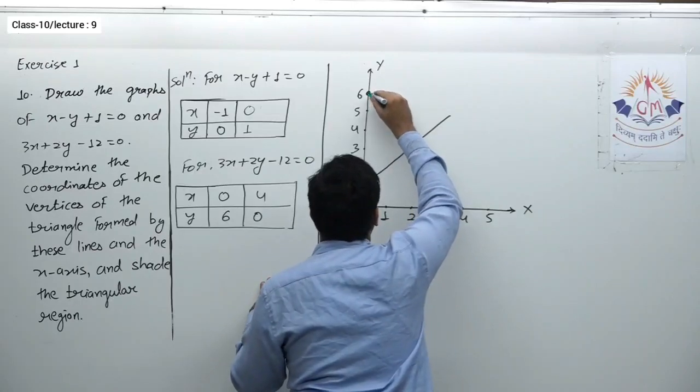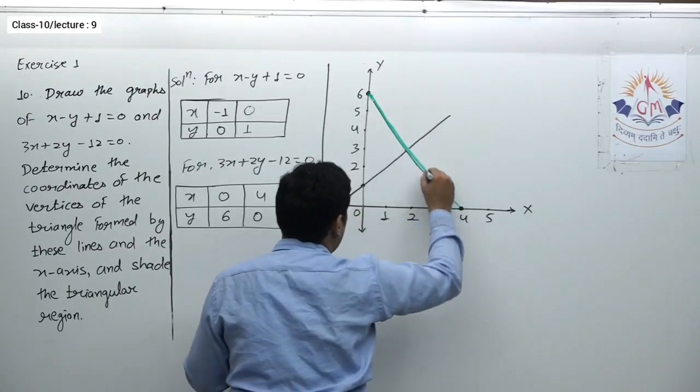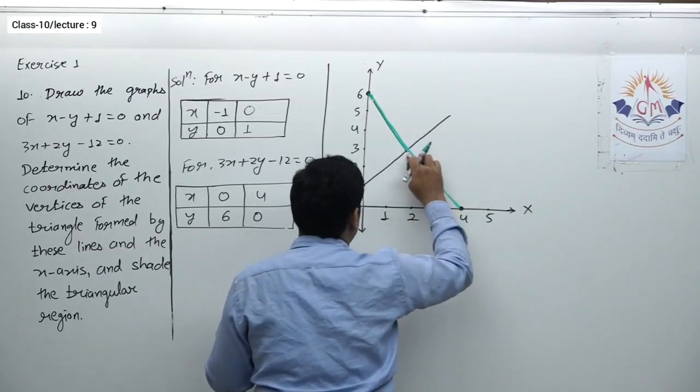Approximately something like this, you will get the graph of this.